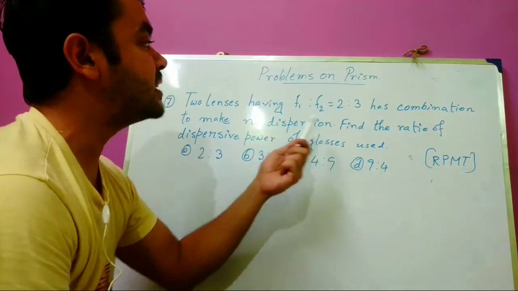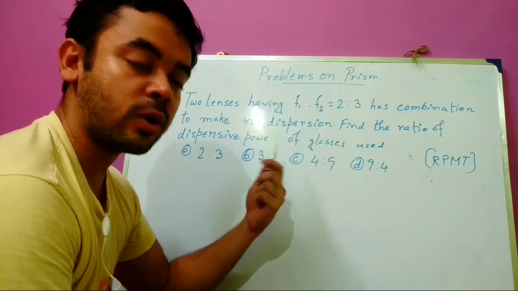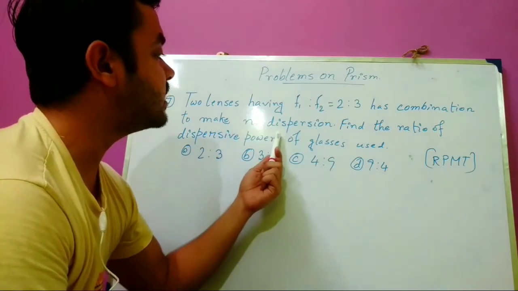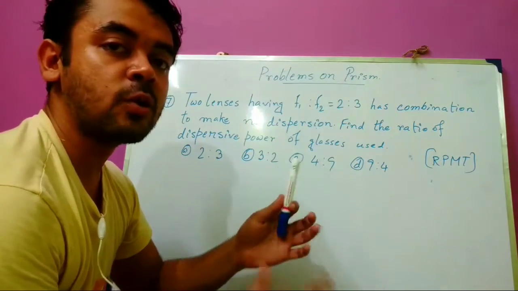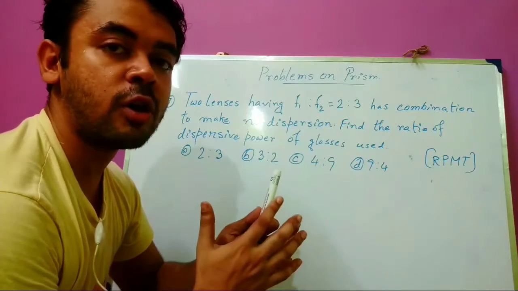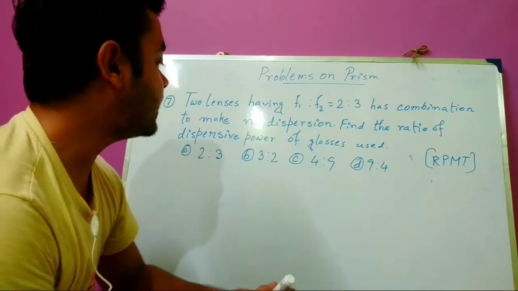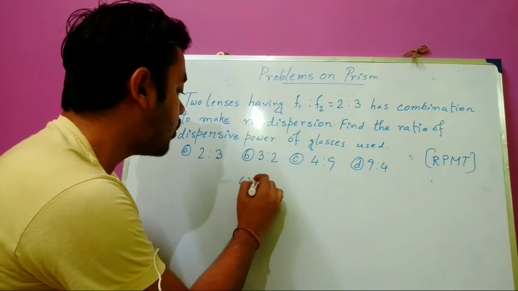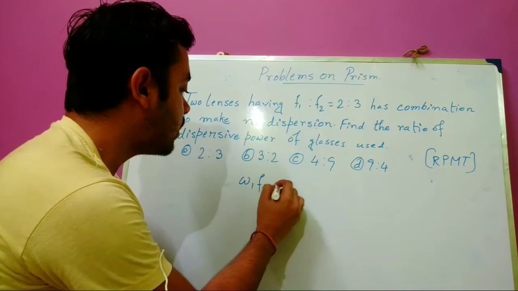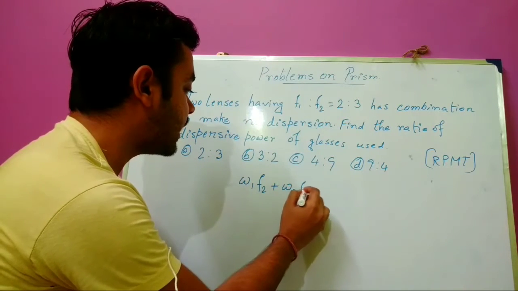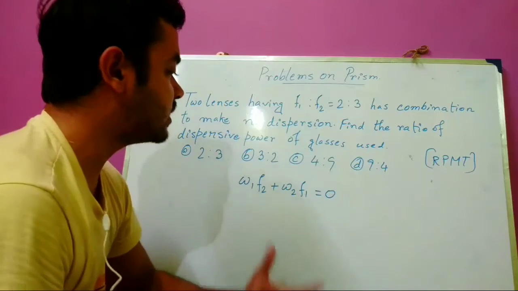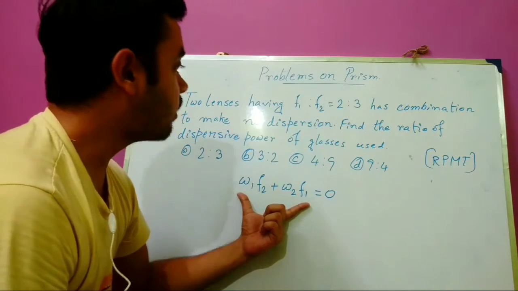If two lenses are placed in contact and the condition is of no dispersion, then the condition can be written in the form of an equation. The equation is omega 1 f2 plus omega 2 f1 equal to 0. This is the condition for no dispersion.